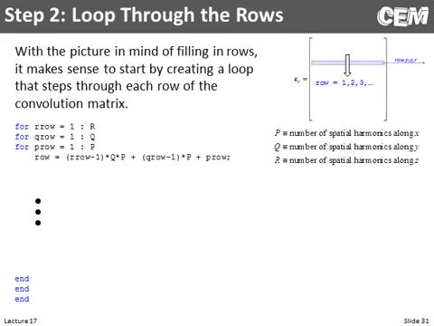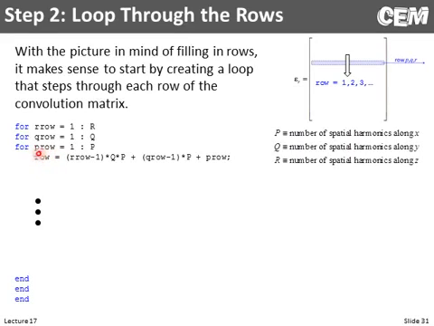So now we're going to start our loop to fill in this matrix. We already said we're going to look at this from the perspective of filling in rows. We'll fill in the first row, second row, third row, fourth row, and so on. We're going to work our way down, and the row is going to go 1, 2, 3. So I like to set up a triple loop that iterates over P, Q, and R. Once we're inside, we calculate which row we're in.